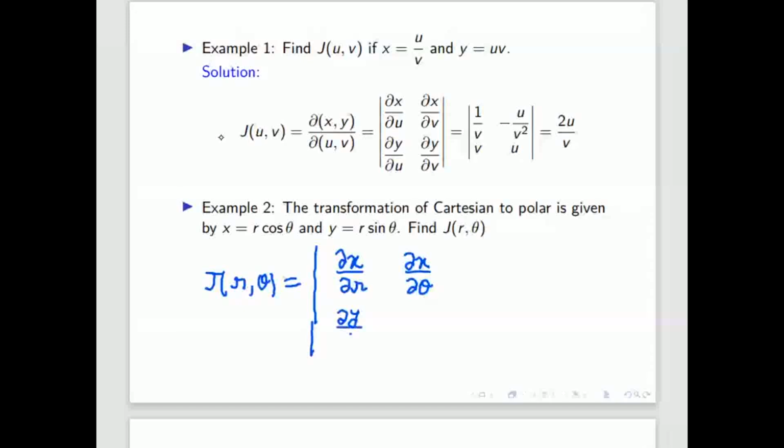Similarly, y with respect to r and y with respect to theta. This determinant will give the Jacobian r.